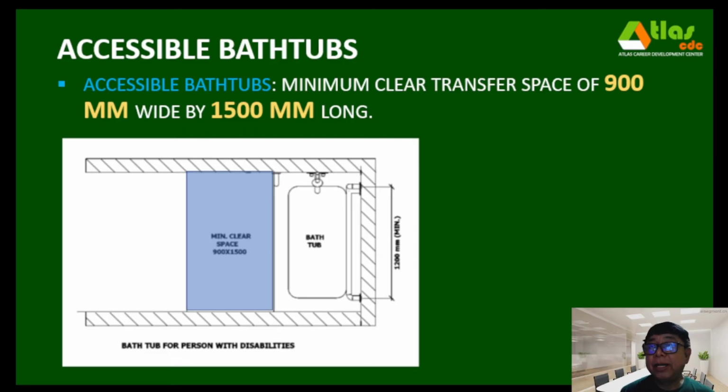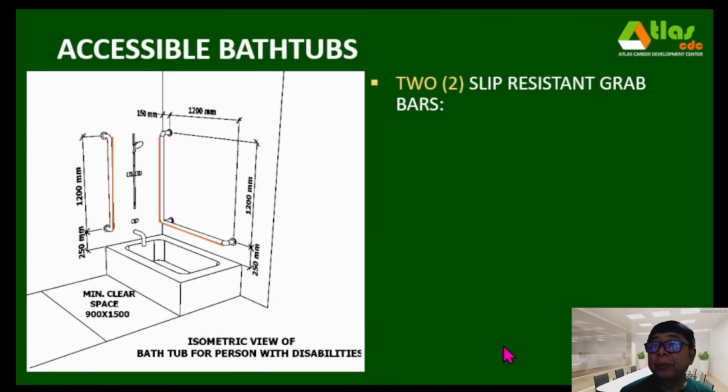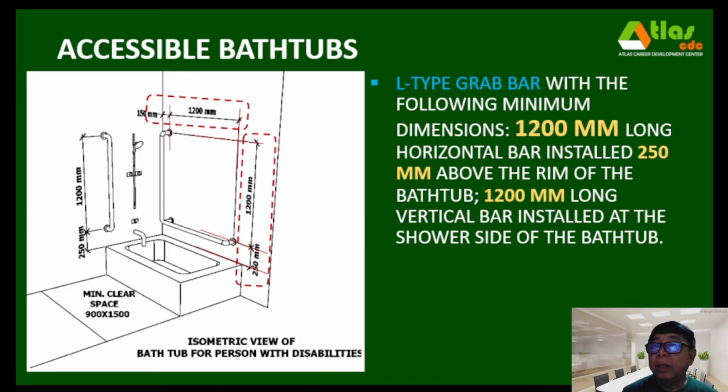For the accessible bathtubs, a minimum clear transfer space of 900 mm by 1.5 meters long shall be provided before the bathtub area. Now, 2 slip-resistant grab bars shall be provided. Now, for the L-type grab bar, this one shall have the following minimum dimensions.